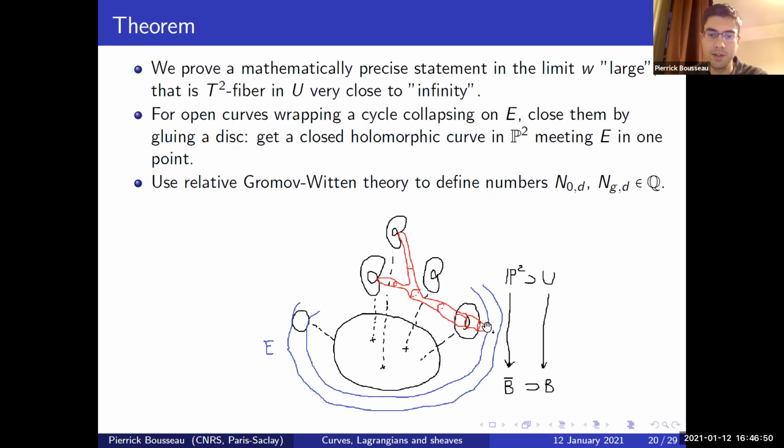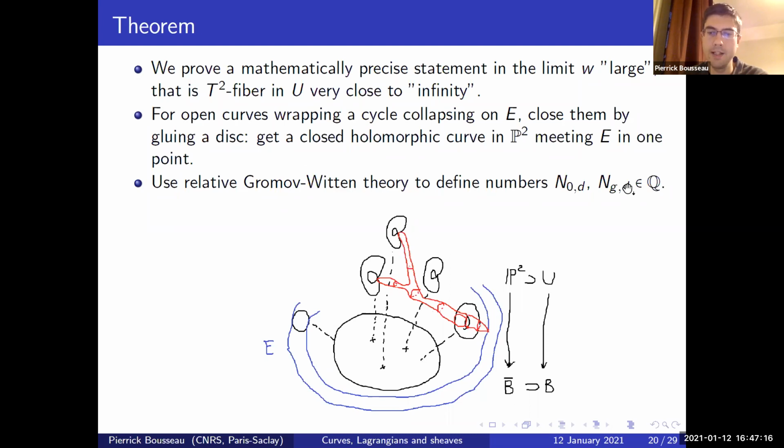So the upshot is that here we look at this count of red curves. So now closed holomorphic curves in P2, touching the elliptic curve E in a single point. And using the algebro-geometric machinery of relative Gromov-Witten theory, it's possible to extract numbers, to extract invariants, counting these curves.